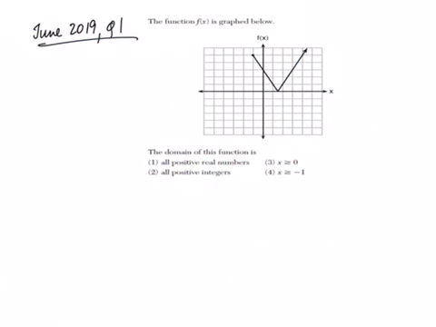Alright, so we have this question. Now remember, they've given you the function of the graph. The function is graphed below. And then they're asking for the domain. So remember, the domain is always the set of x values. Let's put it that way so that there's no confusion. Set of x values.